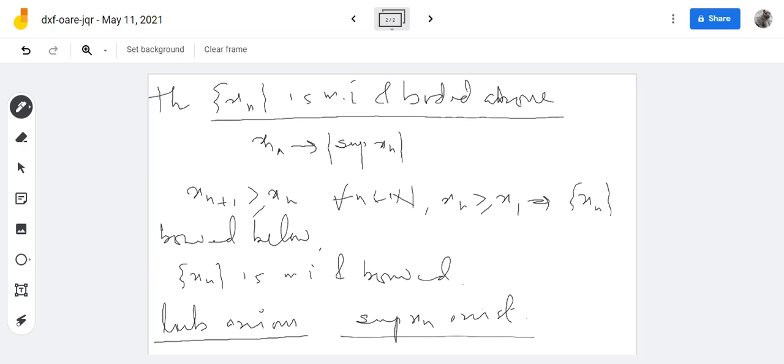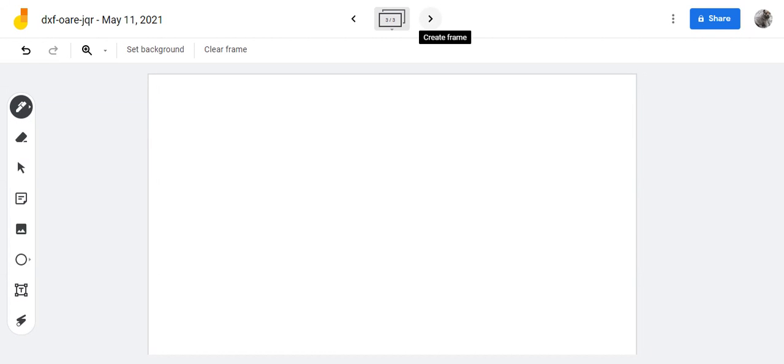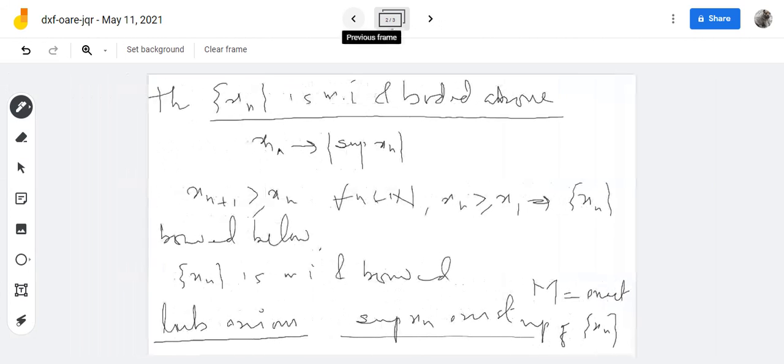Let us suppose that M is the supremum of xn. Also we can write this is an exact upper bound of xn. Supremum means it is the least upper bound, or you can also say that it is an exact upper bound. Now we prove that the sequence converges to this M.